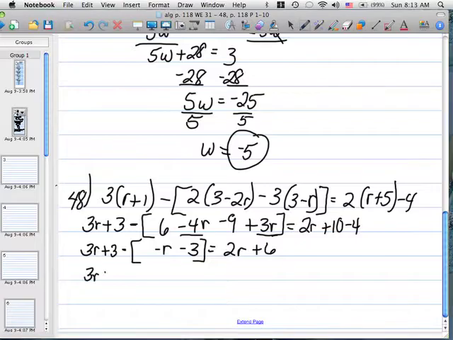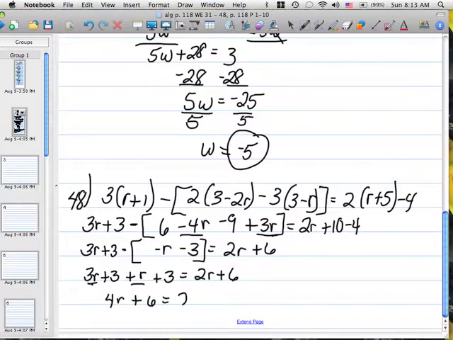Bring down the 3r, the plus 3, and now we can take the opposite of everything inside the brackets. The opposite of negative r is positive r. The opposite of negative 3 is positive 3. And bring down the right. Collecting like terms, 3r and 1r make 4r, and 3 plus 3 makes 6.